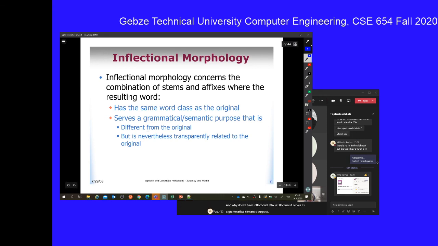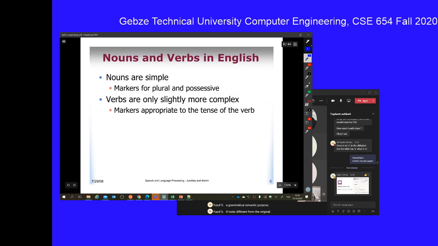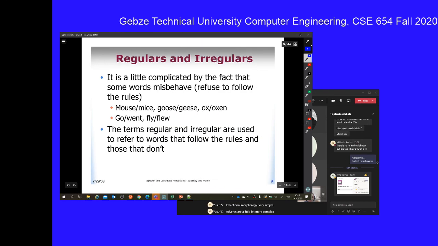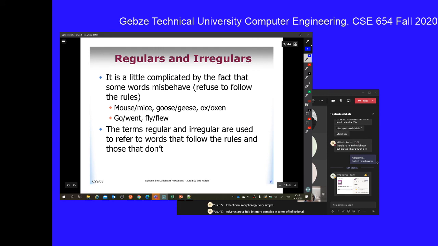It looks different from the original, but meaning-wise it is almost the same thing. In nouns, inflectional morphology is very simple, and verbs are a little bit more complex in terms of inflectional morphology. Of course, we are not counting the irregular verbs, irregular nouns, and irregular inflectional stuff.